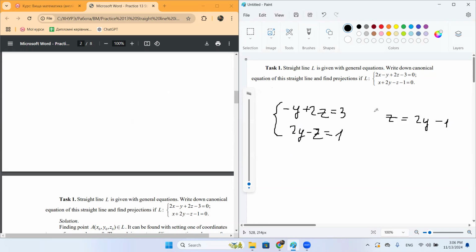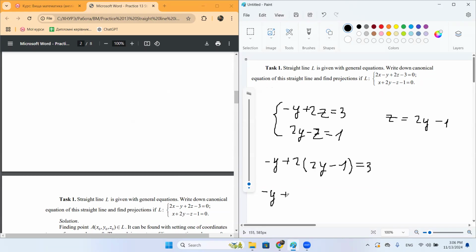Substituting: minus y plus 2y minus 1, it equals 3. So now let's expand.